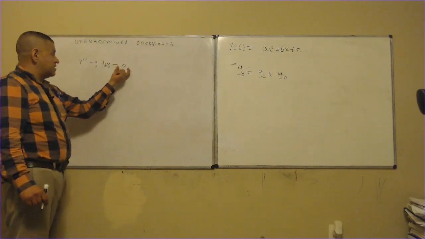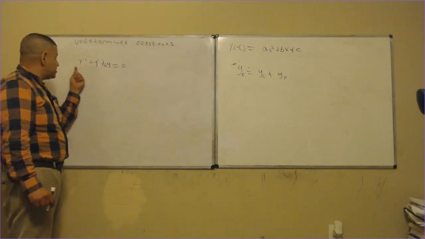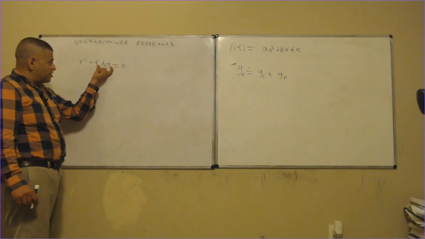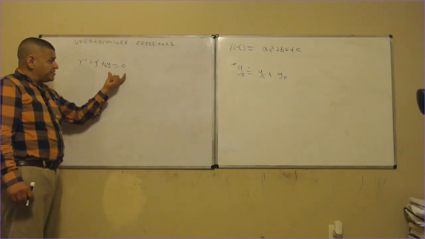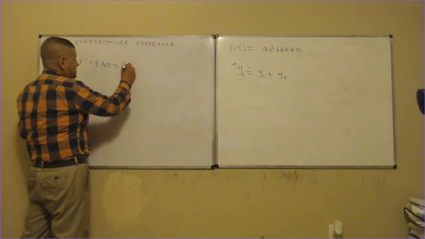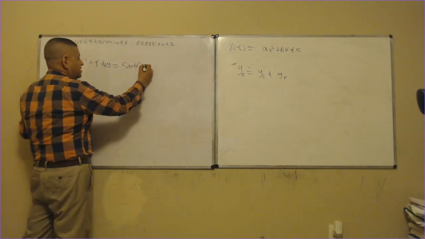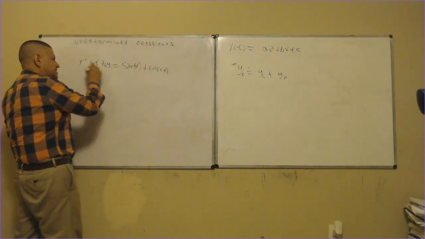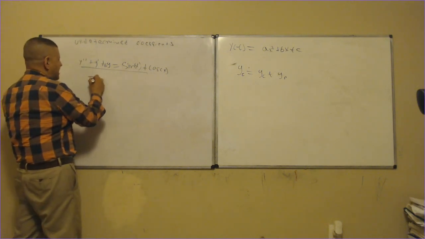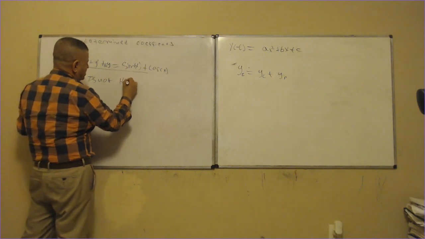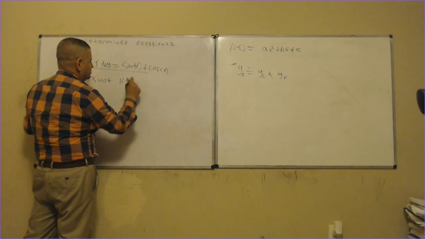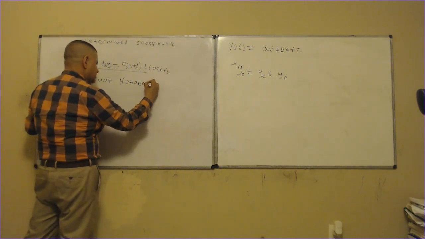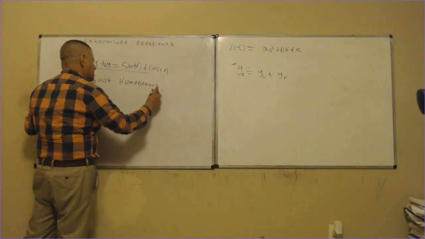But if I have something over here that is not equal to 0, this second derivative plus the first derivative plus some function of y equal to something that is not 0, maybe sine of x plus cosine of x, whatever, then this is not a homogeneous differential equation.